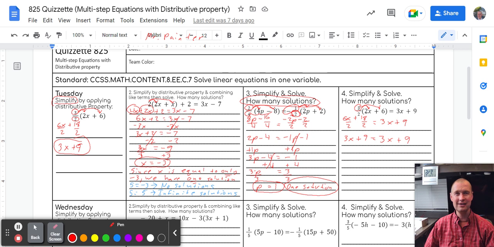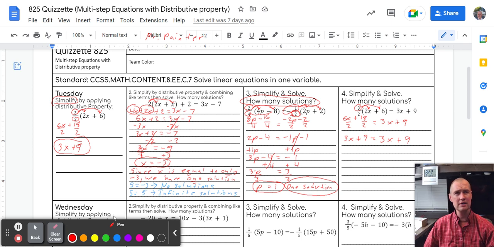All right, go ahead and take a look at the right side and the left side. Or if you'd rather take a look at the left side compared to the right side, take a look at it. What do you notice in this case? All right, did you notice that the left side is equal to the right side and they're the exact same thing?